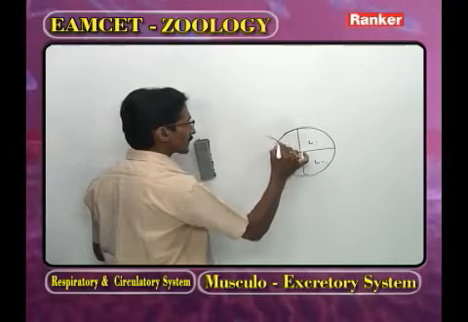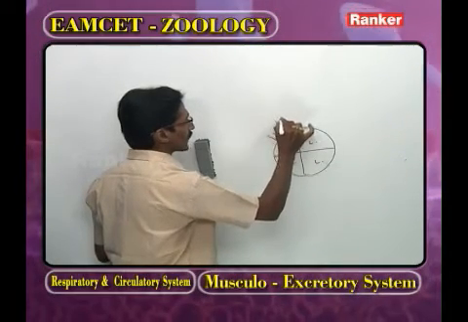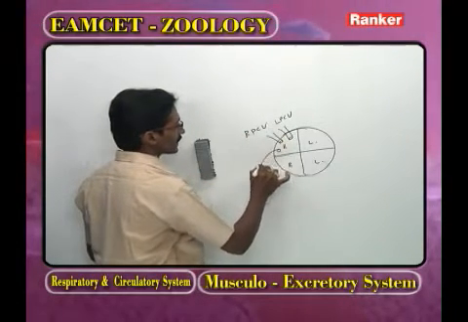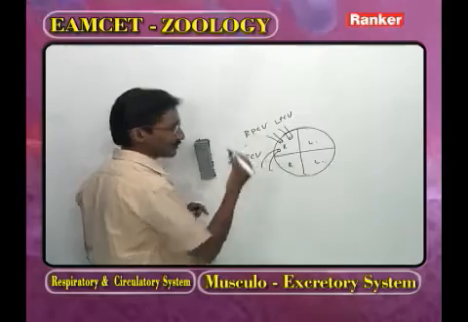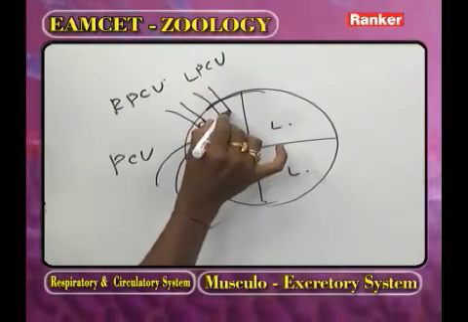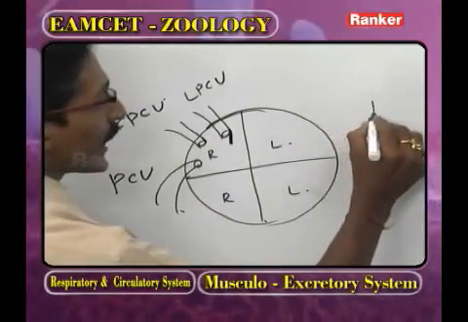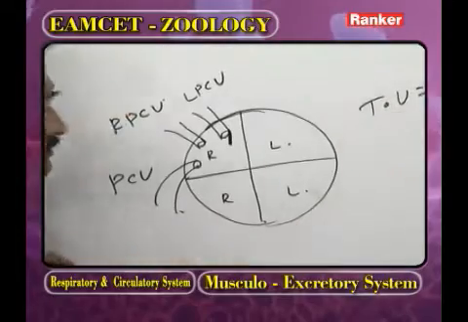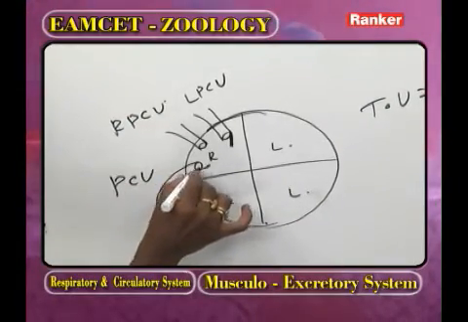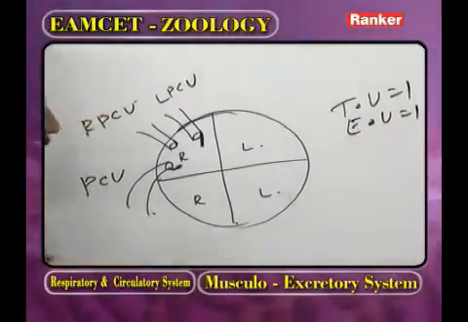This is the right precaval vein, this is the left precaval vein, and this is the postcaval vein. Now the opening of the postcaval vein is guarded by a valve that we call the Eustachian valve, 1. In the embryonic stage, the opening of the precaval vein is guarded by the Thebesian valve.